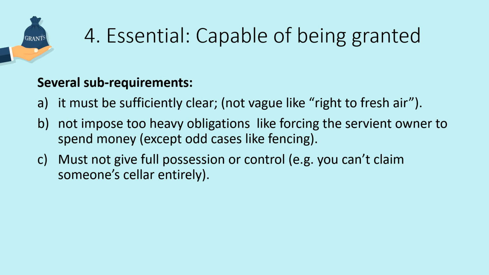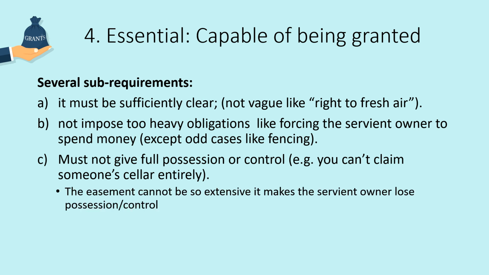You might be able to claim a small part of it to do some storage and, I don't know, leave some items, but you wouldn't be able to take up the other landowner's complete space. So another way of saying it is it cannot be so extensive that the servient owner practically loses possession or control over their own land.